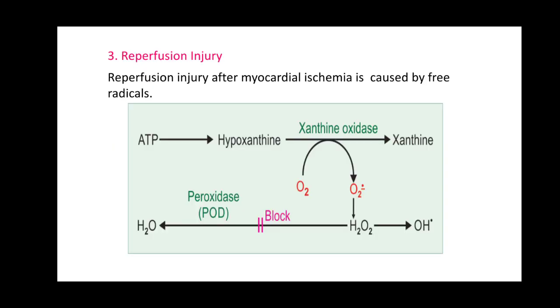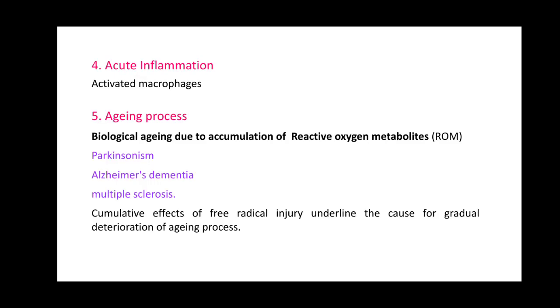And the third one, reperfusion injury, where reperfusion injury after myocardial ischemia is caused by the generation of free radicals, because here the peroxidation action will not be taking place, so the free radicals further cannot be converted to their stable form.